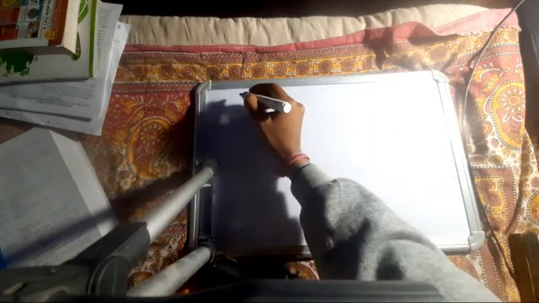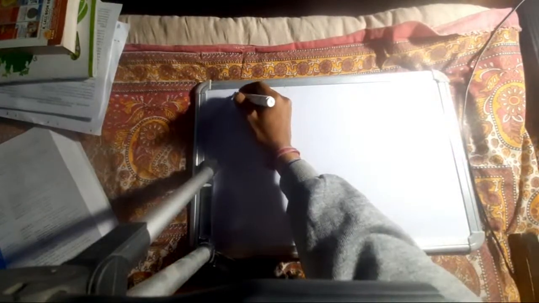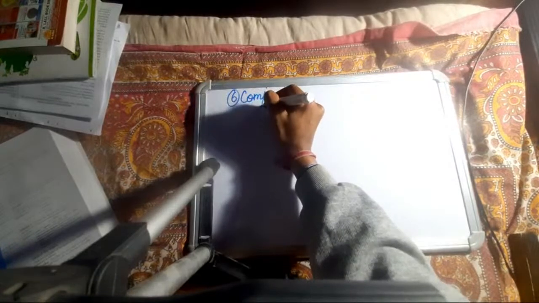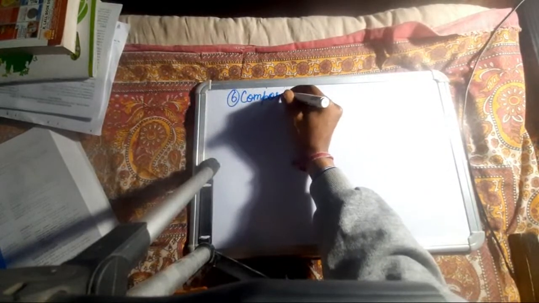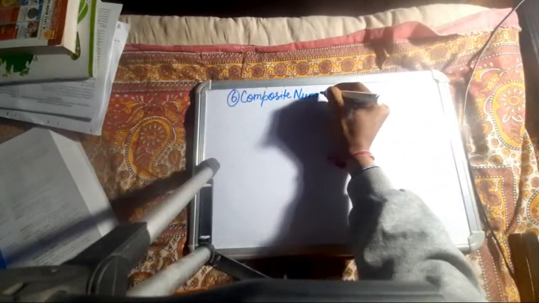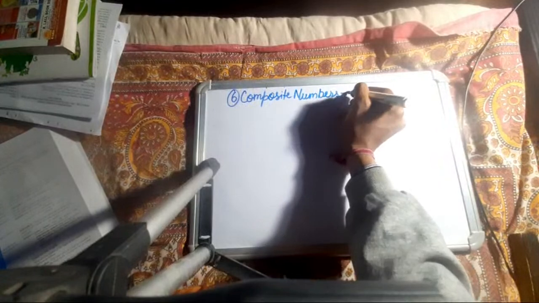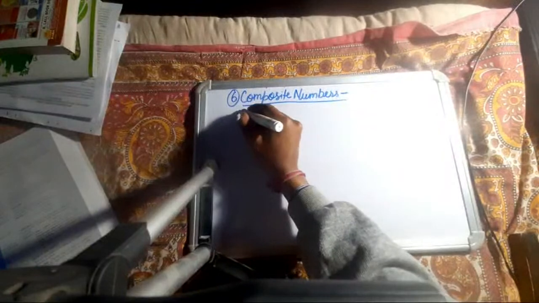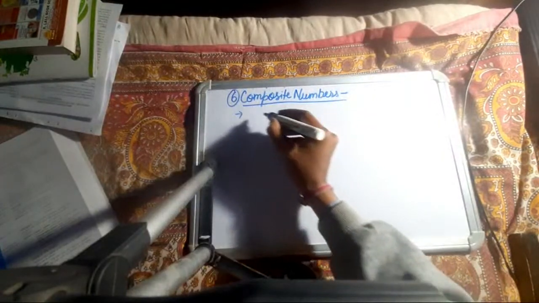Now for our sixth number, we will study the composite number. Then after that we will come back to co-prime and twin prime. What are composite numbers?